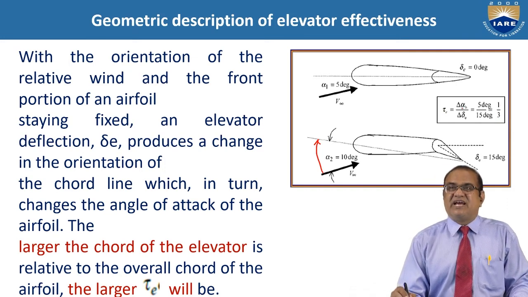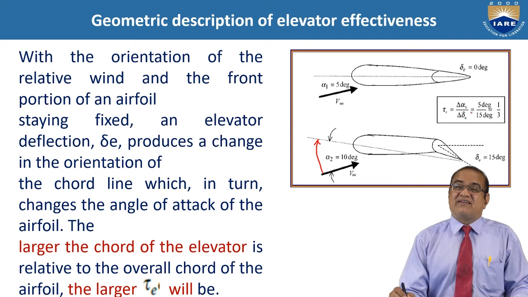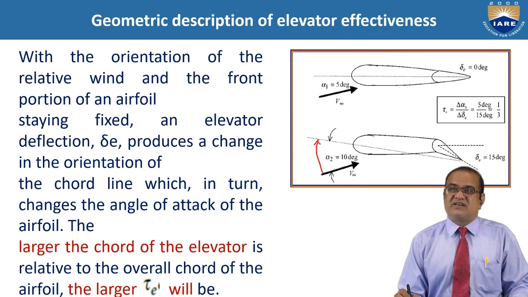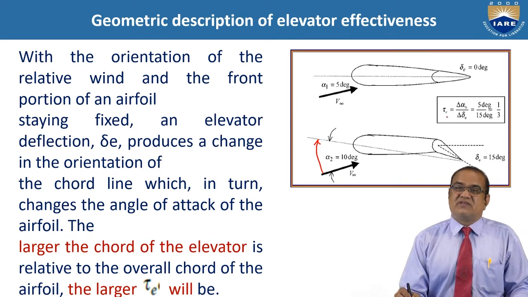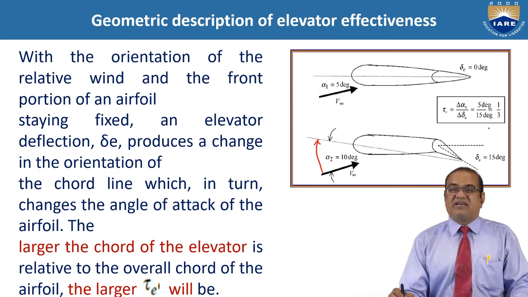In this way we can calculate that as and when you increase the deflection, the effectiveness of the elevator, tau E, will be decreasing.